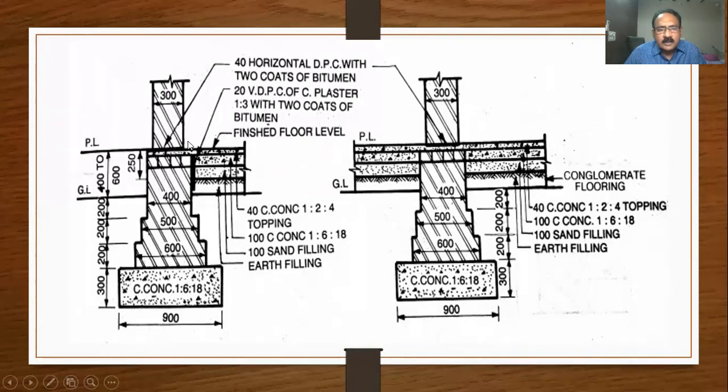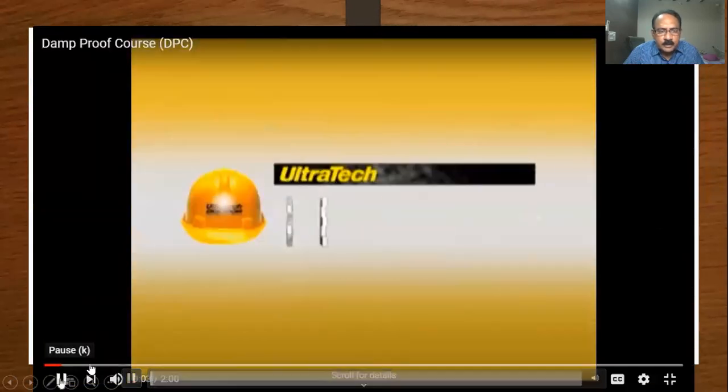This is the advantage of your damp-proof course. So this is a typical cross section of foundation, and you will see PCC and DPC. Next, we'll see one small video here.